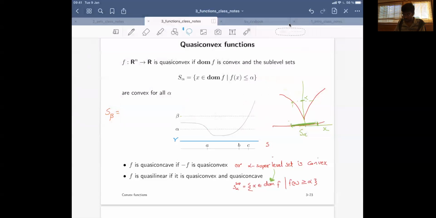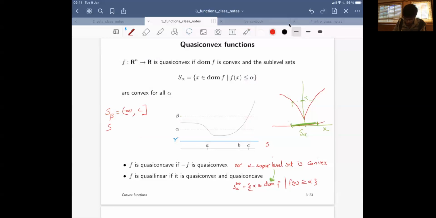Minus infinity to, yeah, C. I think it's C. So from this point, this is beta, you find the corresponding argument value, it is c, and then all these points to the left. So that will be minus infinity to c.